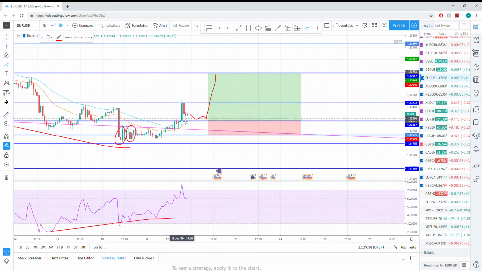Why I think price is going to come down a bit is just because we have reached overbought conditions here, and it's a clear rejection from this line, 1.12472. To see momentum change would be from this line here at 1.12171. Before we see any confirmation candle, we need to make sure that we have the right EMA.